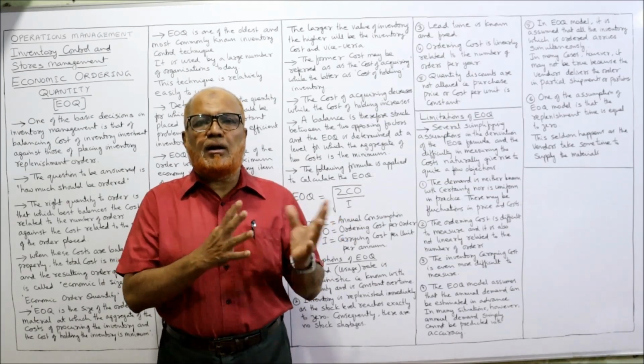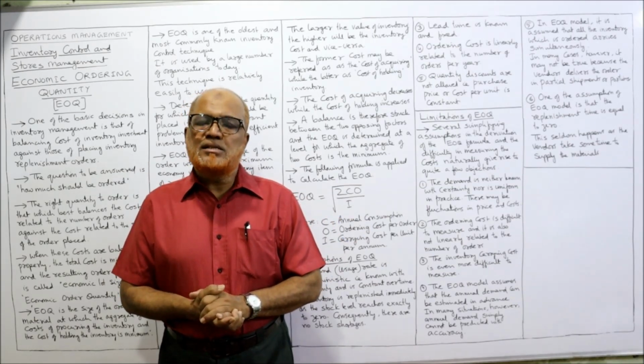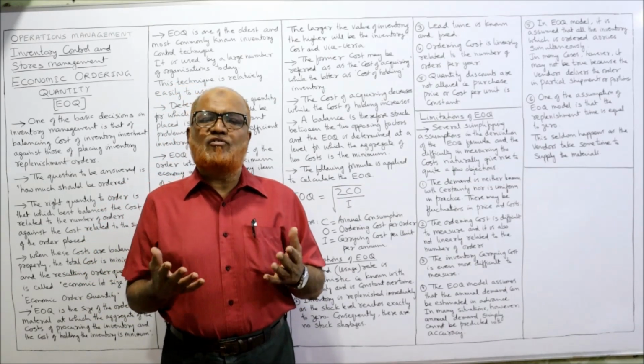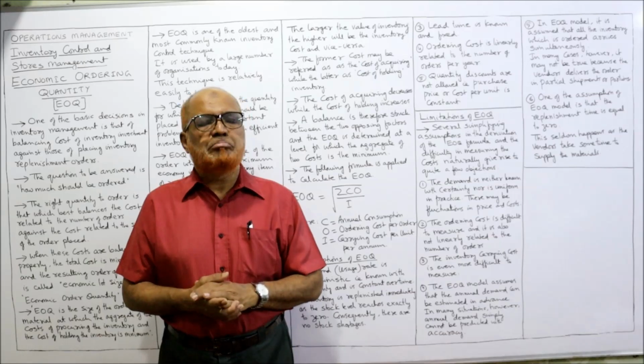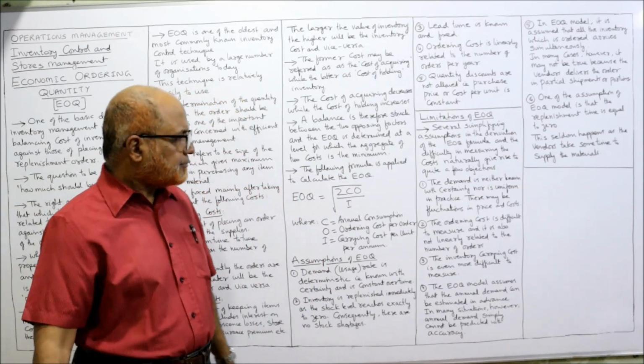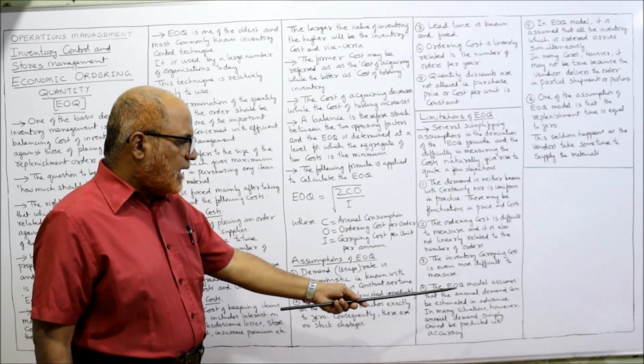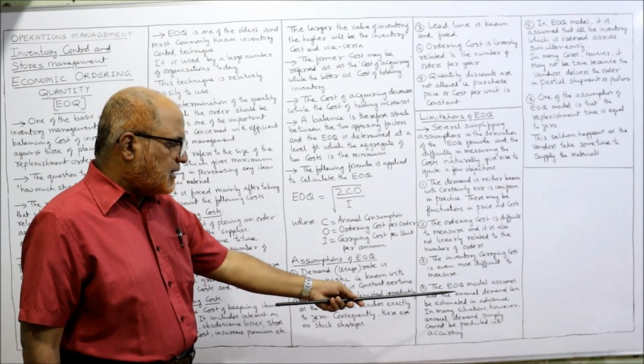All these will come under carrying cost. But is it easy to calculate the loss of obsolescence? The loss of pilferage? The loss of deterioration? It's difficult to calculate.